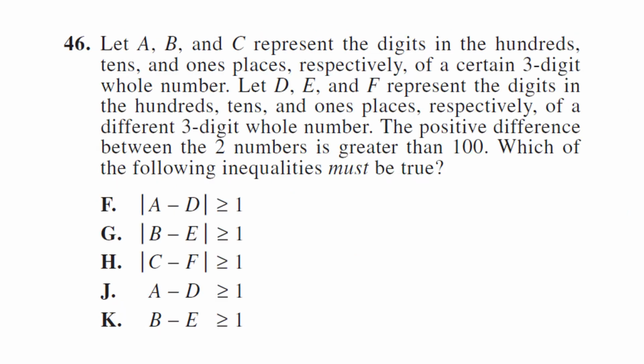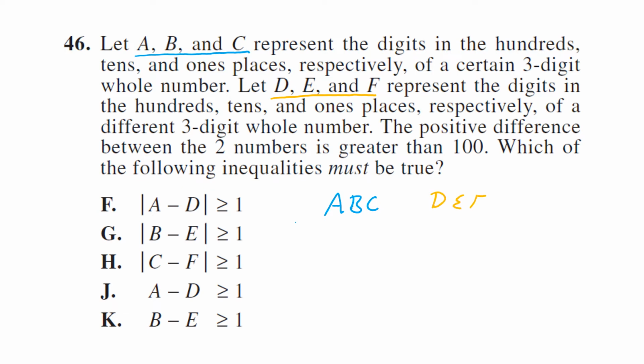Let A, B, and C represent the digits in the hundreds, tens, and ones place, respectively, so in order. So A, B, C could be like just 100, of a certain 3-digit number. Let D, E, and F represent the digits in the hundreds, tens, and ones place of a different 3-digit number.